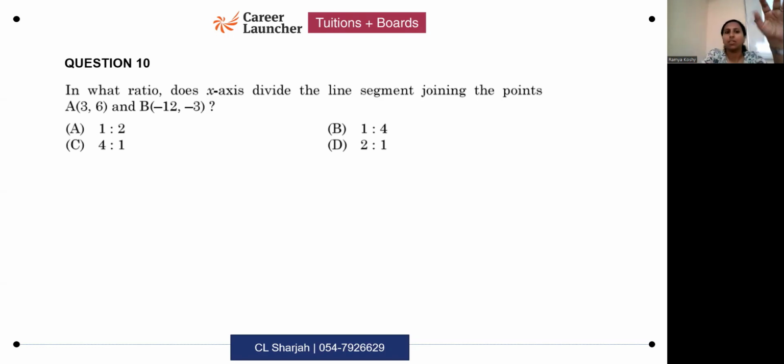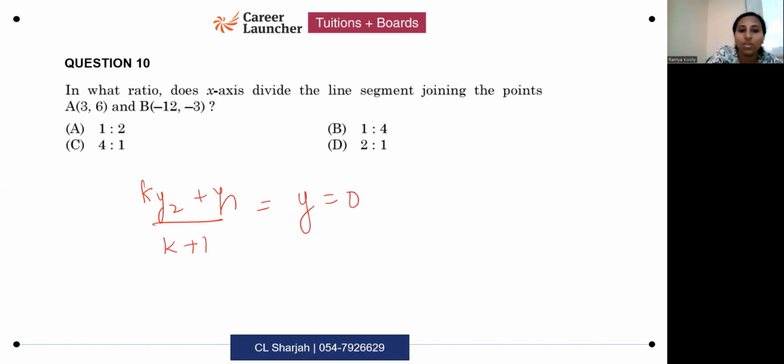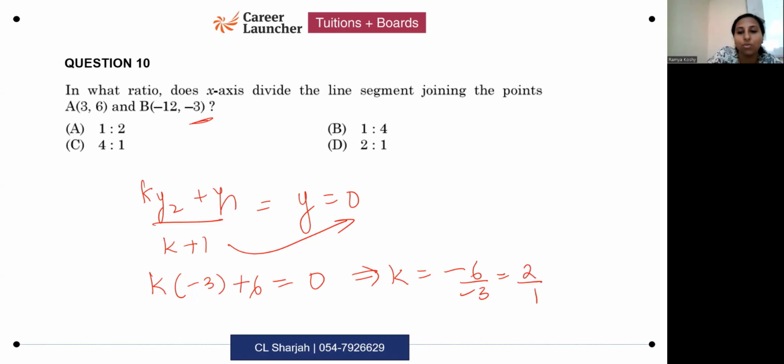So immediately use the y coordinate formula. (k y2 plus y1) by (k plus 1) is y, which is 0. So (k plus 1) into 0 will become 0. So k into y2, the second point, minus 3, plus 6 is 0, which means k is equal to minus 6 divided by minus 3, 2 by 1. Answer is D.